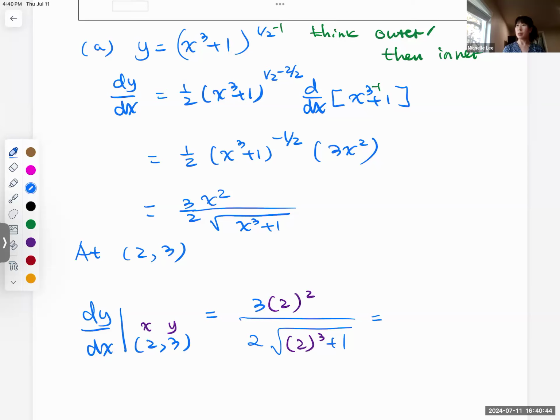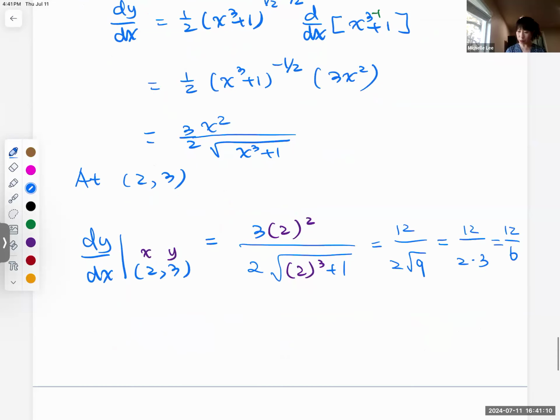Okay, so there will be 12 over 2 square root of 9, which is 3, right? So, oh, this is 6, which is 2. That's an easier way than simplifying.